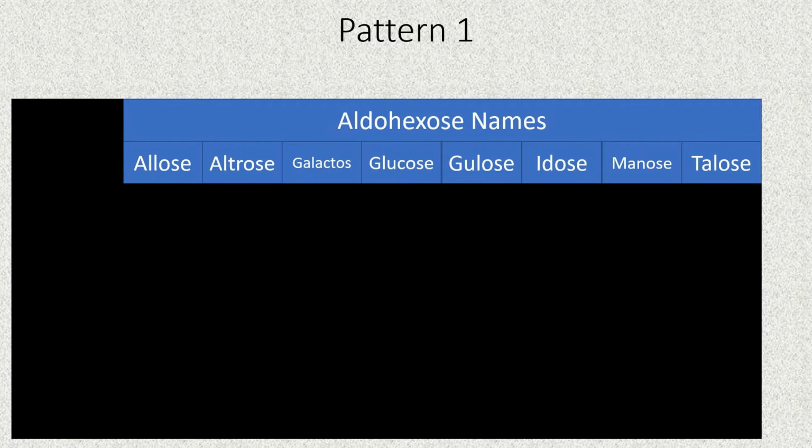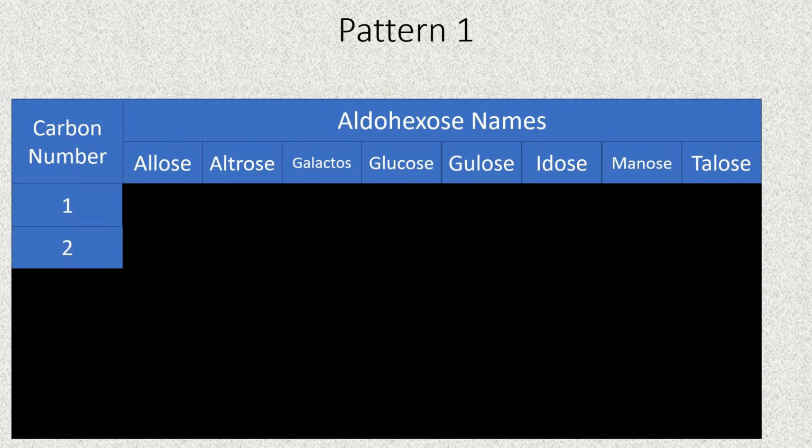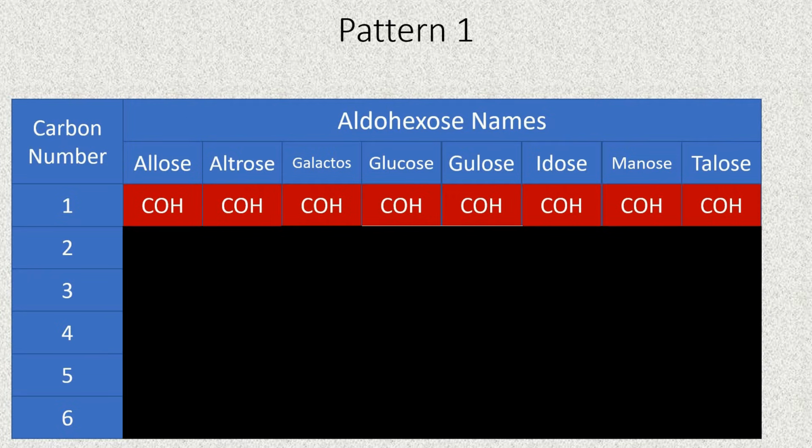As you all know, all these sugars contain 6 carbons, and carbon number 1 in all of them has the aldehyde group. So this is carbon number 1, carbon 2, 3, 4, 5 and 6. You can see that at carbon number 1 all of these 8 sugars have the aldehyde group.